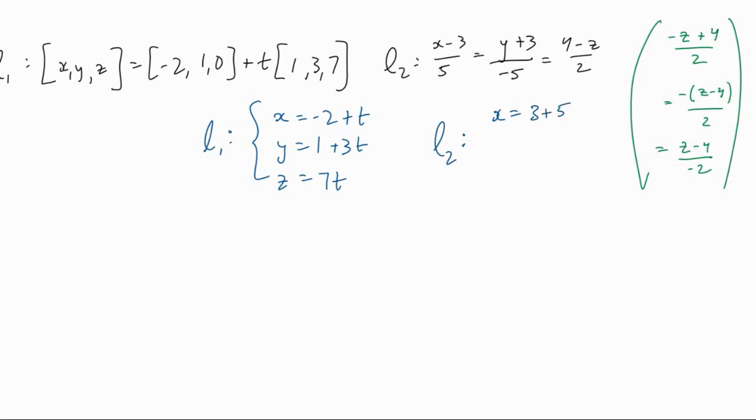So I need to use a different parameter here. I can't use t. We used s before. We often use m. I'm going to use m. Y is negative 3 minus 5m. And z is, from here, 4 minus 2m.